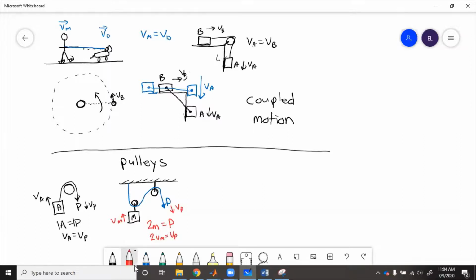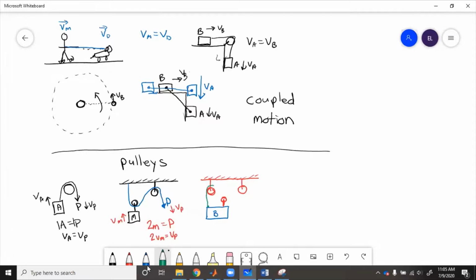So that's the relationship there. Now, if we look at another one, let's say we have one pulley hanging down, we have another pulley hanging down, and then we have block B. Say B has a pulley going there, and then let's say the rope is connected to B down here.